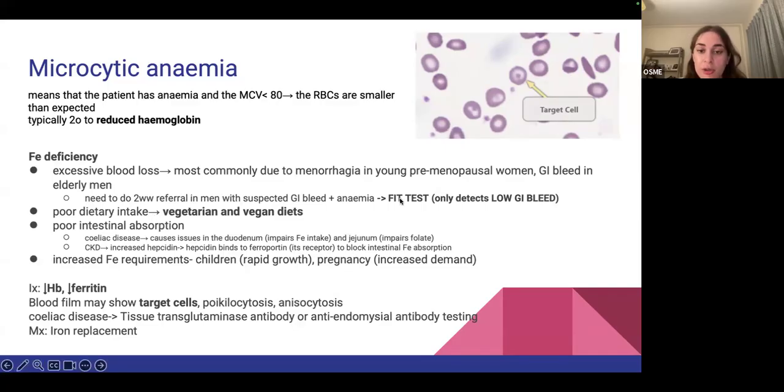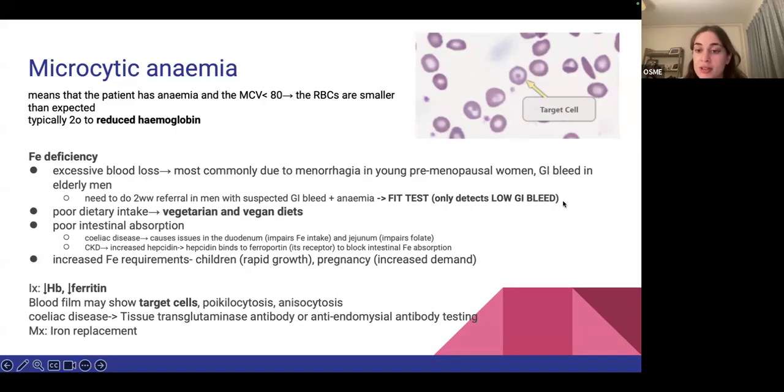The test that you would do for this is a FIT test. It's an antibody test which essentially tests for occult blood, so trace amounts of fresh blood within the stools. But the main thing is that the FIT test won't detect anything beyond a low GI bleed.